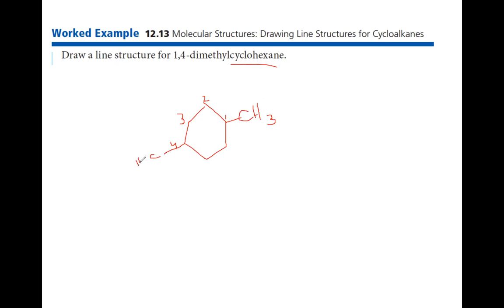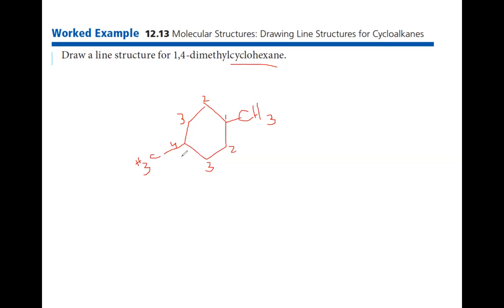It doesn't matter which way you number it, because clockwise 1, 2, 3, 4 or counterclockwise 1, 2, 3, 4, it's still 4.